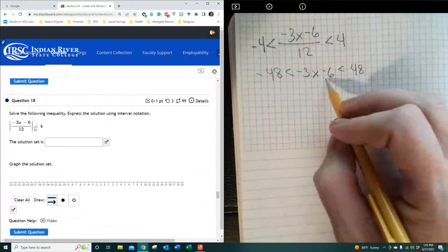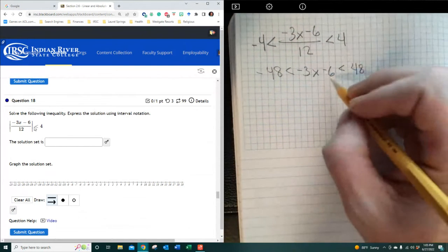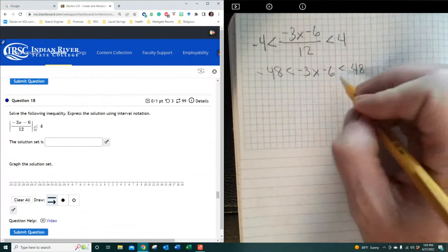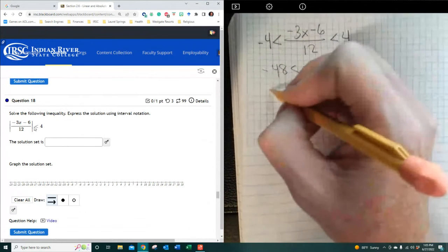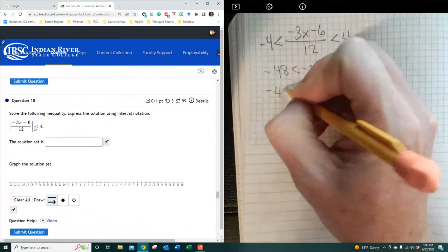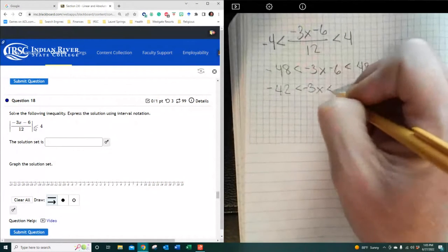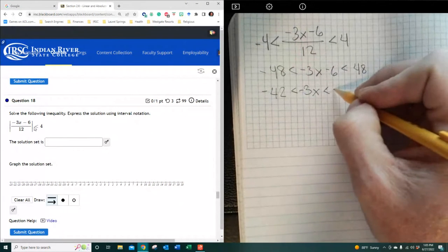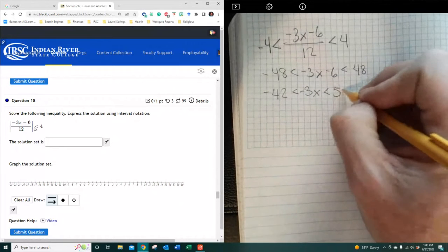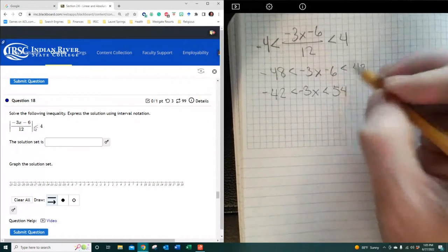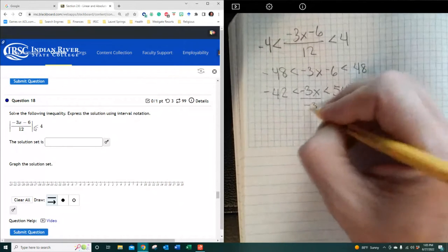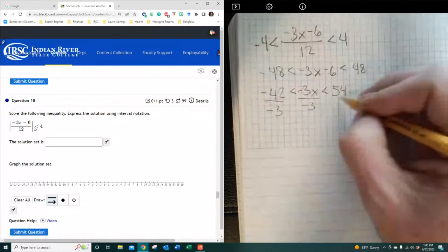Now, I do want to point out something for you here. Whenever you do this, you add 6 to both sides. You're going to divide by -3. Remember what you do with dividing.